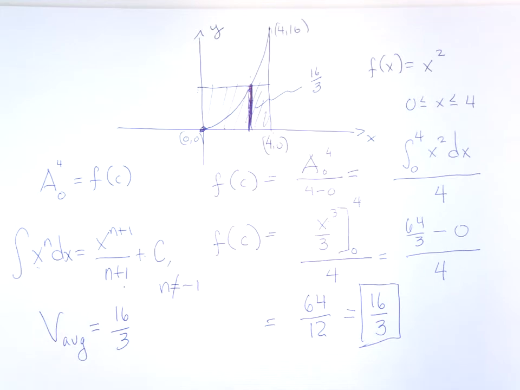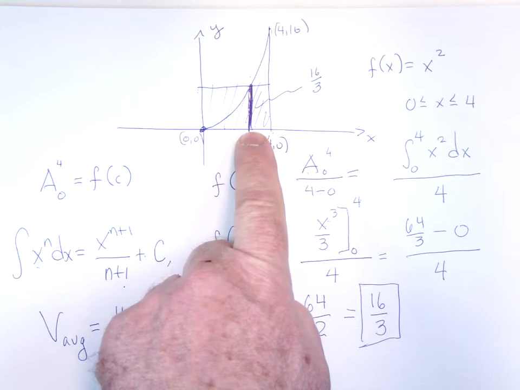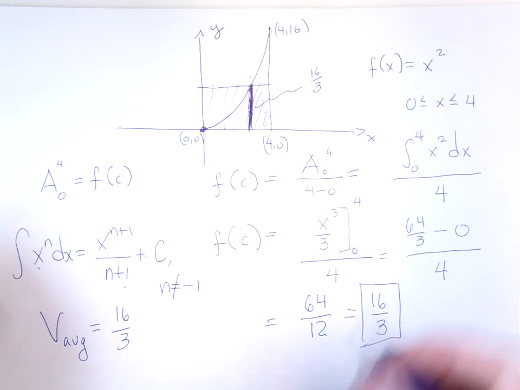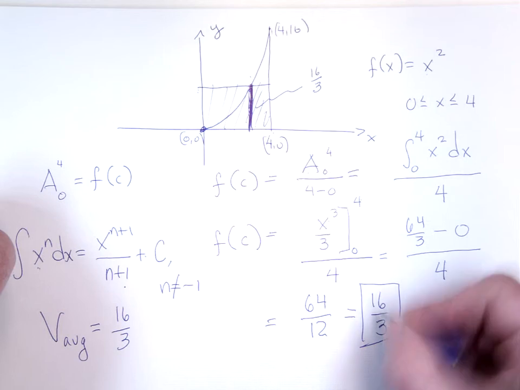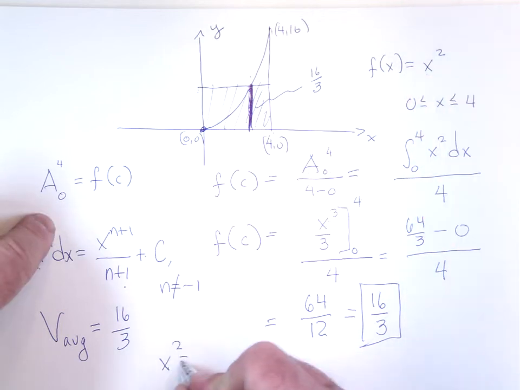Now, of course, Compass is going to ask you for that, but they'll also ask you, what is the c value that gives us this value of 16 thirds? What do you have to do there? Plug it in, right? Yeah, that's exactly right. Here's our function. We want to know what c value gives us 16 thirds. So x squared has to equal 16 thirds.